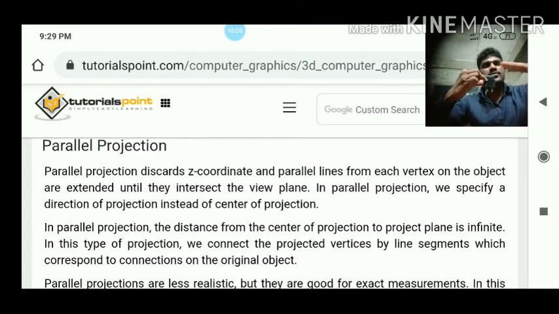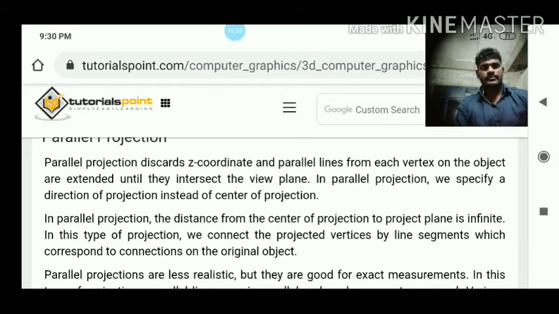When the top line goes, it intersects with the plane, and the bottom line also intersects with the plane. So this vertex and this vertex going to intersect the plane, meeting the screen. This is a parallel projection.